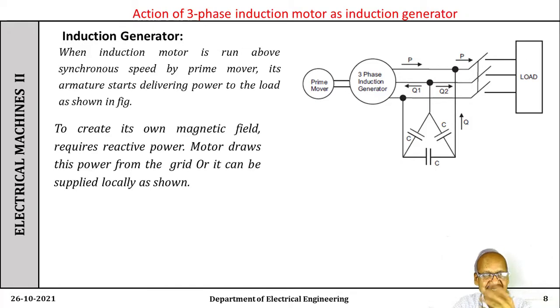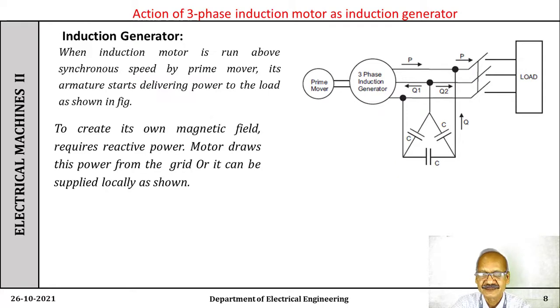Now, in order to create its own magnetic field, the induction motor draws the reactive power either from the grid or it may be supplied locally, as shown in the figure. Here the reactive power can be generated by a three-phase delta connected capacitor bank connected to the induction motor terminals.